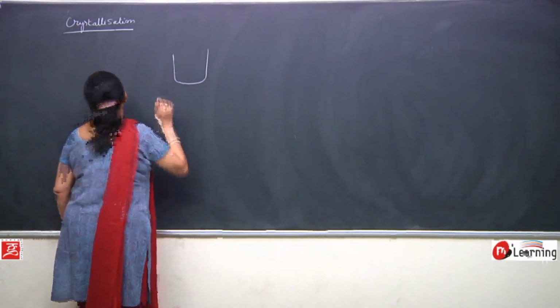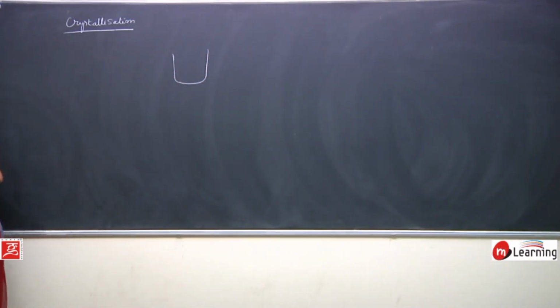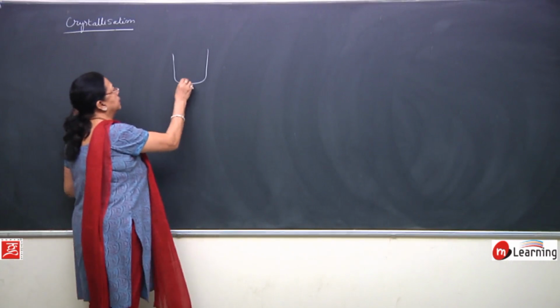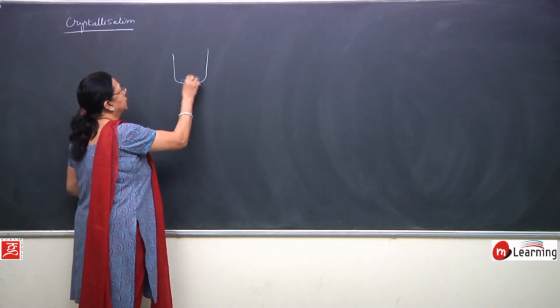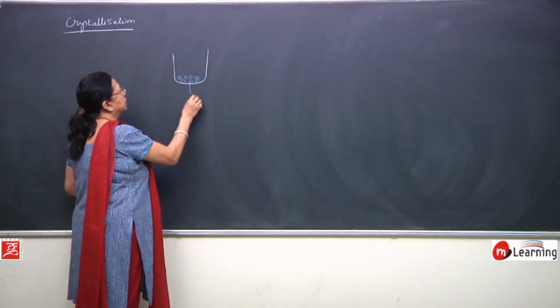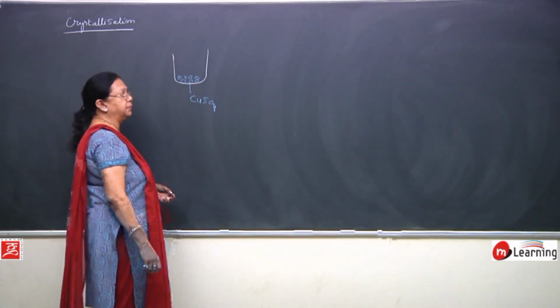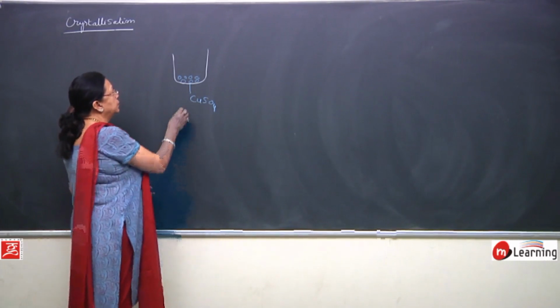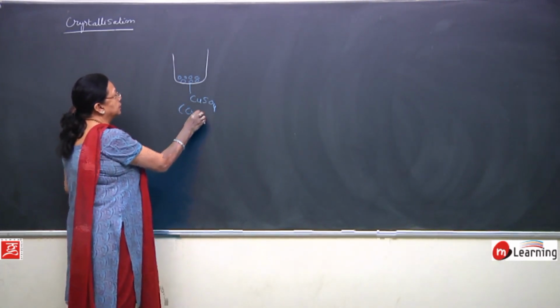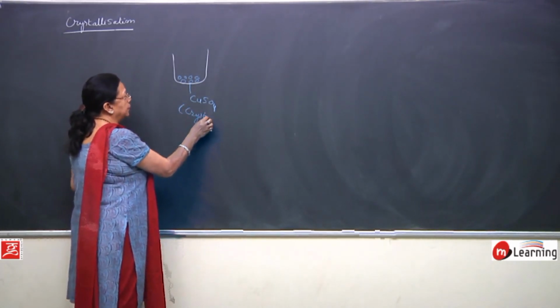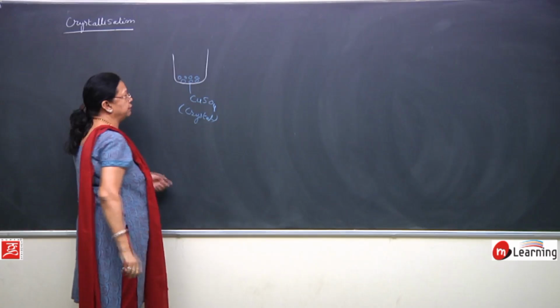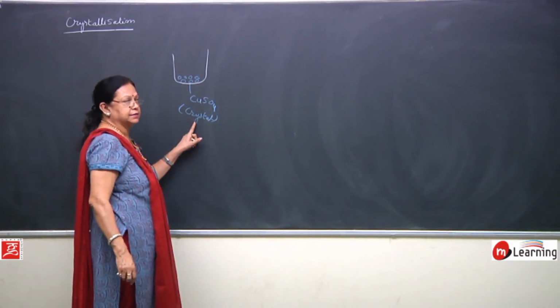Copper sulphate is blue in color, and this is impure, it contains impurity. These have a definite geometrical shape, so we say that they are crystals.